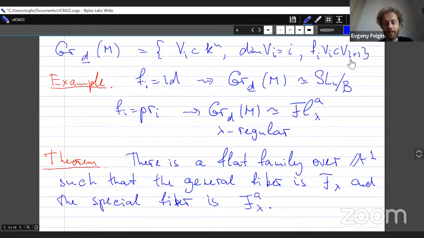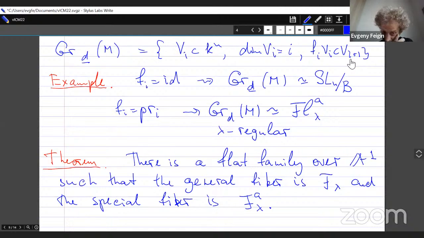So you can see that it's reasonable to consider all possible maps, all possible fi's, and to consider the Quiver Grassmannians of this form.